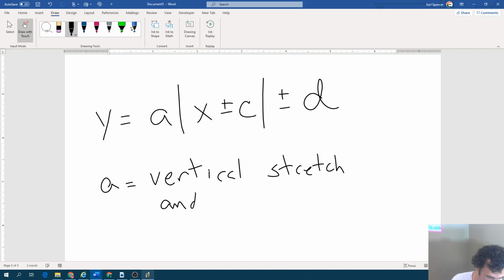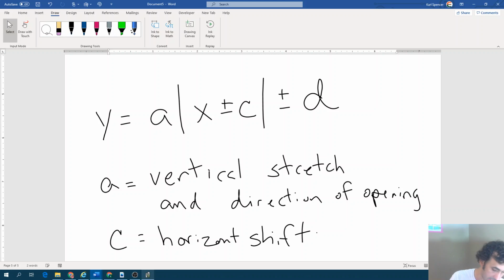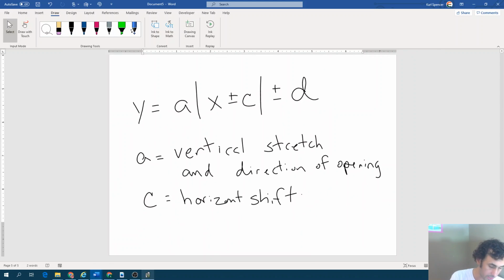And is it flipped? It tells you the direction of opening. Positive numbers go up, negative numbers go down. That C value in our equation tells us the horizontal shift, and then that D value in our equation tells us the vertical shift.